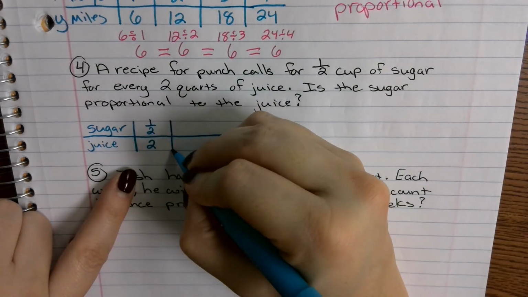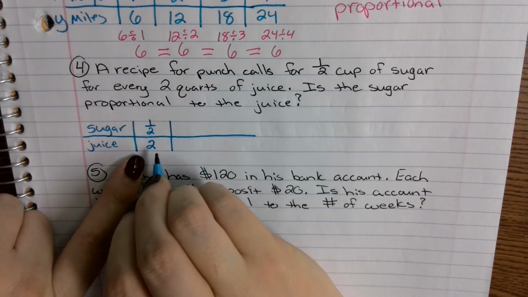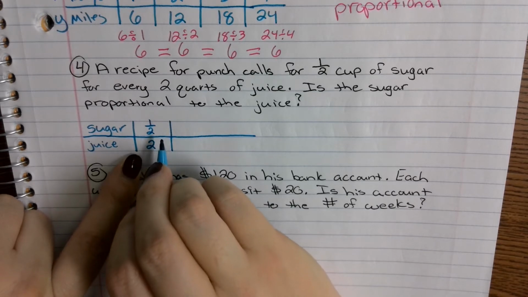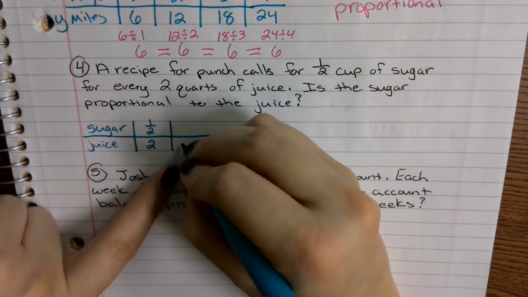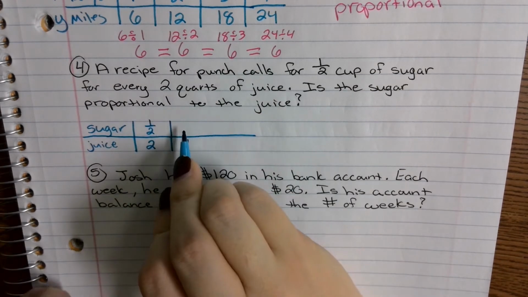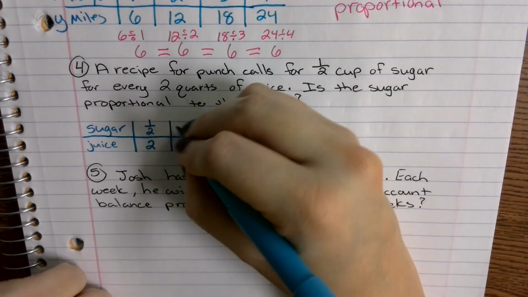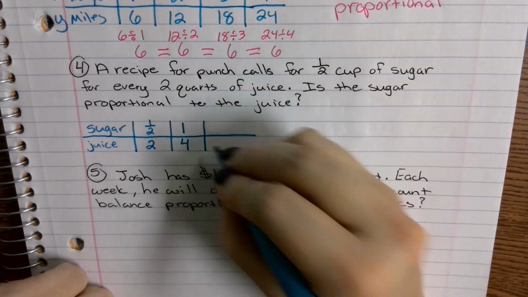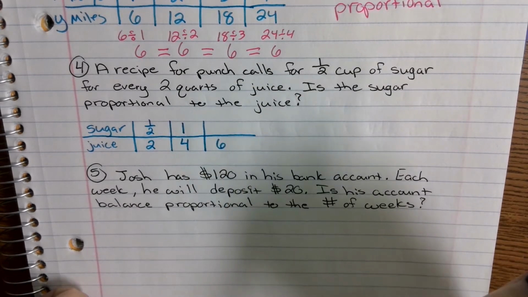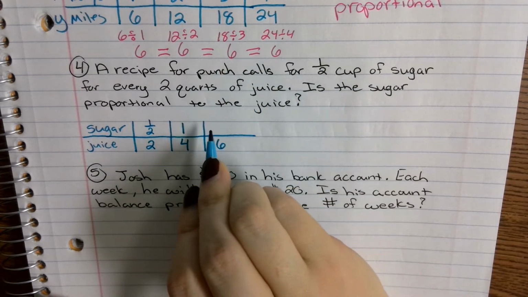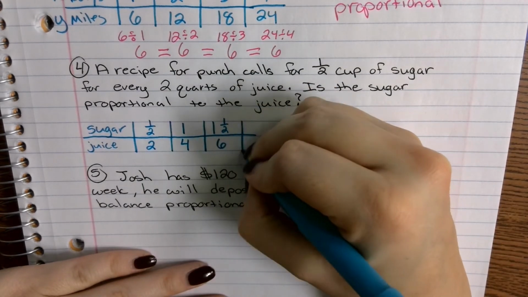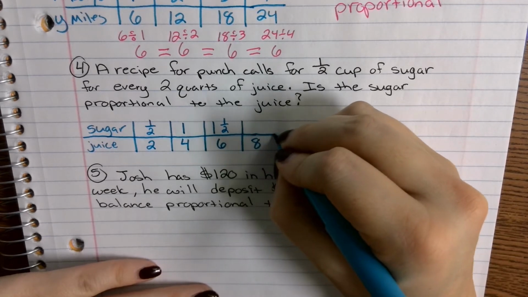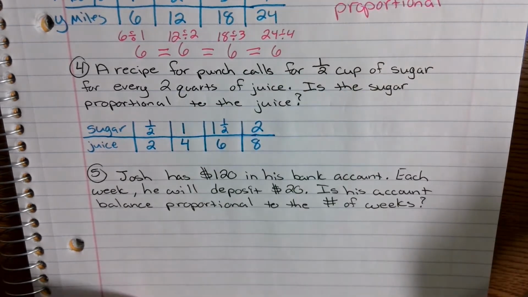Since juice is being calculated by every 2 quarts, what's the next set of quarts going to be then? 4. So if I have 4 quarts of juice, how much sugar would I have? 1 cup. If I have 6 cups of juice, how much sugar? 1 1/2. Okay, and then 8 cups of juice would give me 2 cups of sugar.